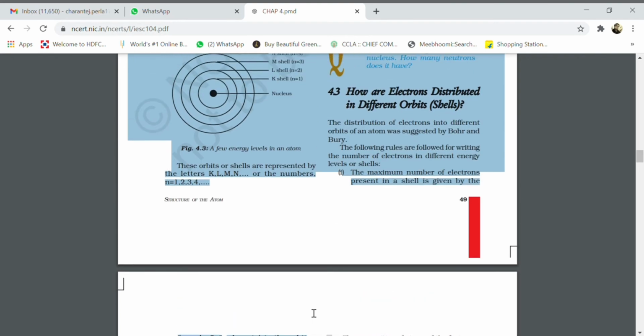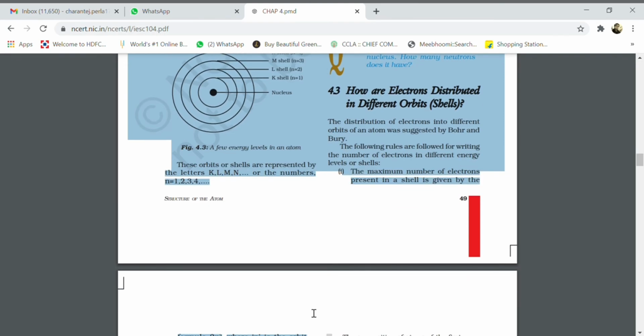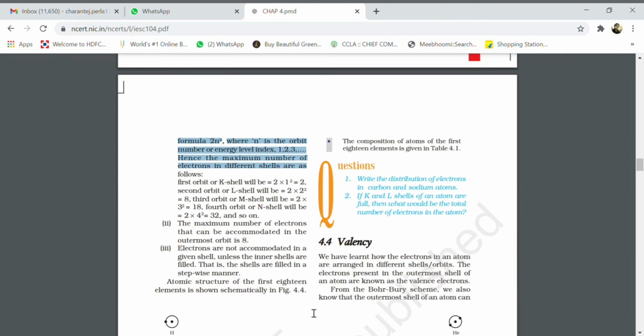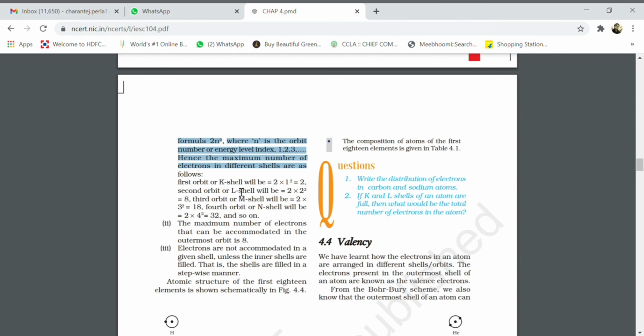In the picture, K is shell number one. For example, for the first shell K, the number of the shell is 1, so we multiply 2 by 1 squared and get 2. So 2 electrons will fit in that shell.